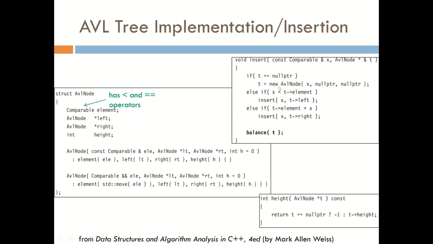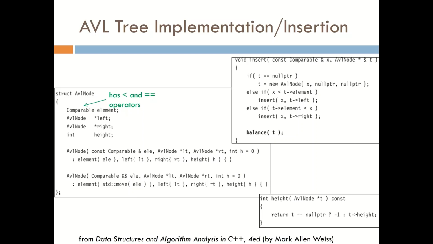If the pointer is null, it basically creates the node and attaches it at that specific point. Okay, because T is the pointer that's coming in, and if T is null, well, the pointer is already there, so we just create a new node and we attach it to the pointer. So T equals new AVL node.